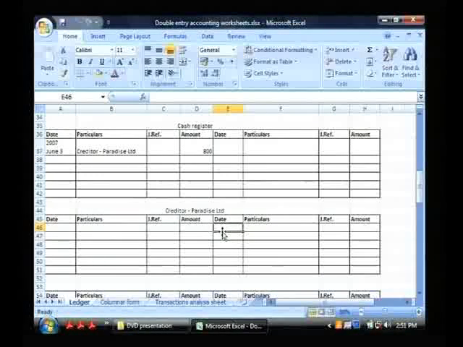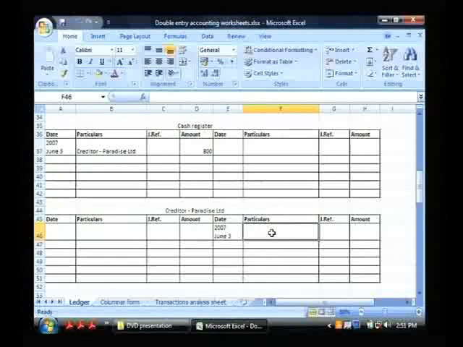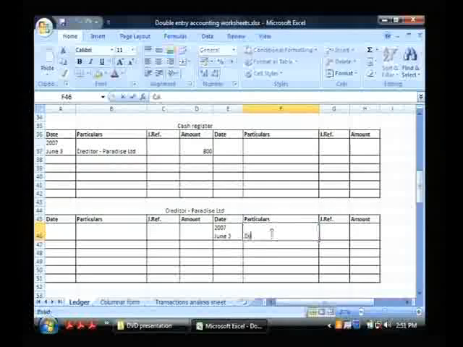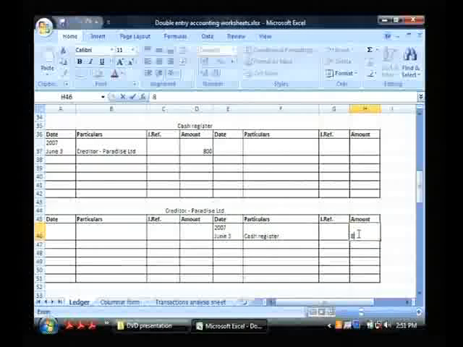Paradise Limited credit, date 2007, June 3rd, title of the corresponding account is the cash register, 800 kina. So that is the credit entry.